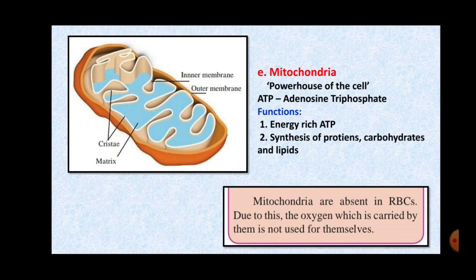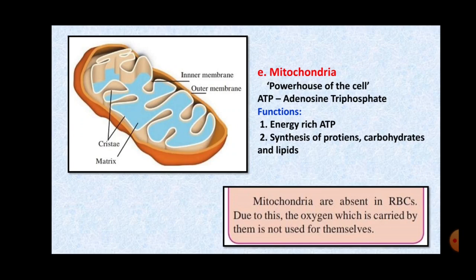Plants are stationary. They don't move from one place to another. But animals, they move from one place to another, so they need more amount of energy. That is the reason why number of mitochondria are more in animal cells compared to the plant cells, because animal cells, they need more energy, right?